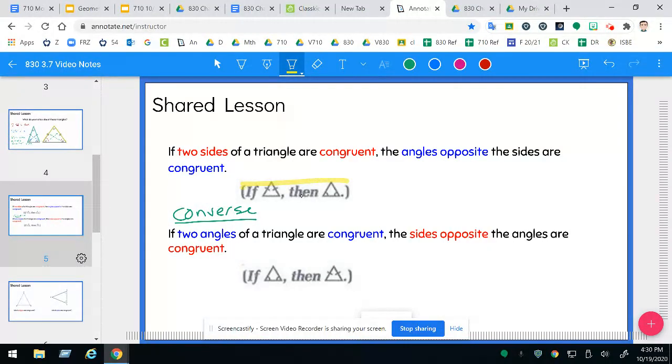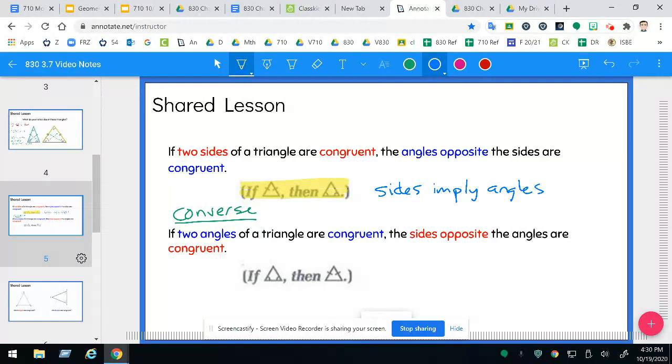So if we look at this, this is basically saying the same thing as the first theorem. If two sides of a triangle are congruent, then the opposite angles are congruent. Another way to say this, and we do, is that sides imply angles.